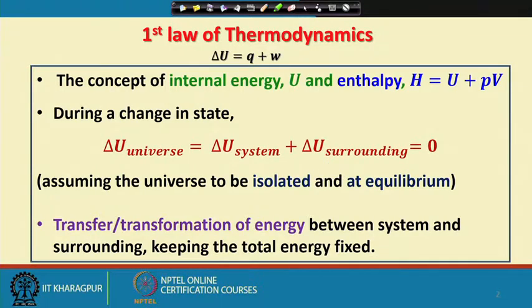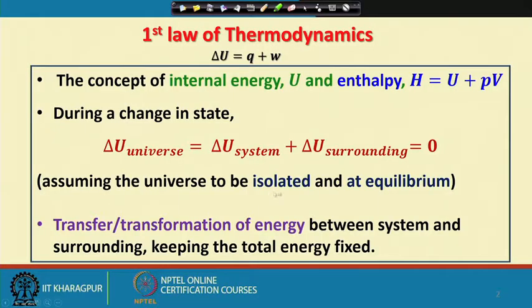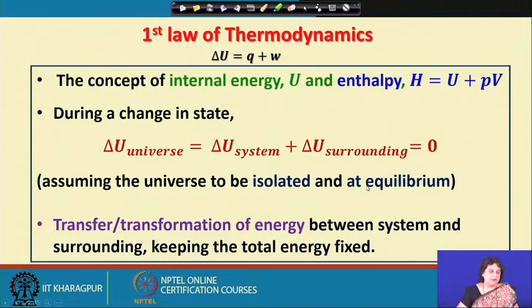Now, if you assume that the universe is isolated and is always at equilibrium, then by the first law of thermodynamics, I would say that delta U universe, which is a summation of the changes in the system internal energy and the surrounding internal energy, must remain equal to 0. In other words, when the universe is isolated and at equilibrium, its total internal energy remains constant.